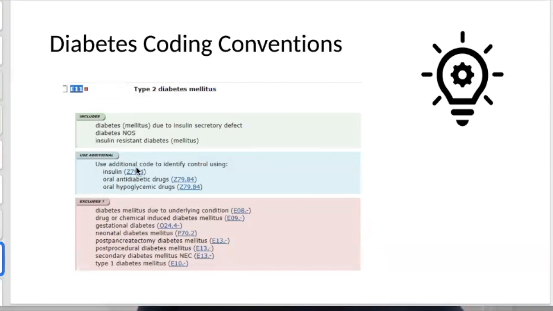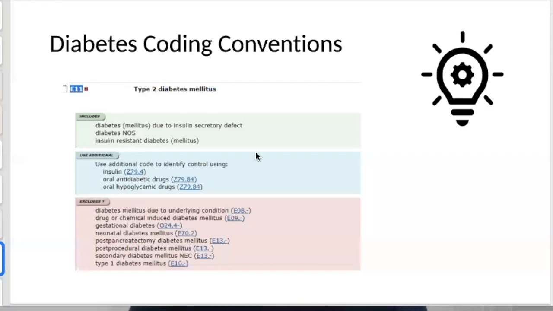It includes the use of the additional code for Z79.4 if the patient is insulin dependent. Oral anti-diabetic drug, Z79.84. This is the oral hypoglycemic, and also the anti-diabetic drugs. You have these codes, guys, alongside your diabetes codes.